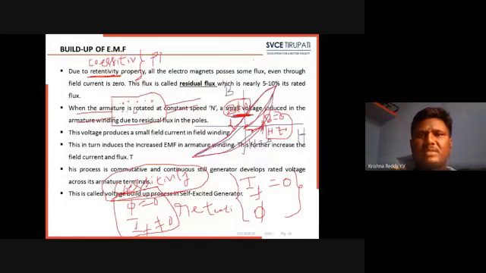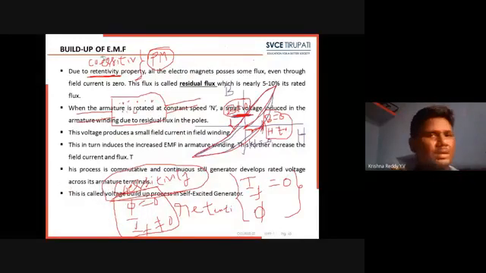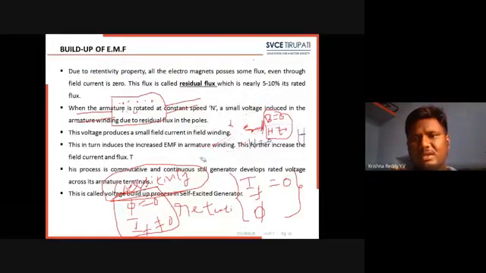Permanent magnets do not lose their magnetism even after a few years. In order to construct permanent magnets, we consider the retentivity and coercivity properties of that magnet. Retentivity means that even when the field current is zero, we have a certain amount of flux.